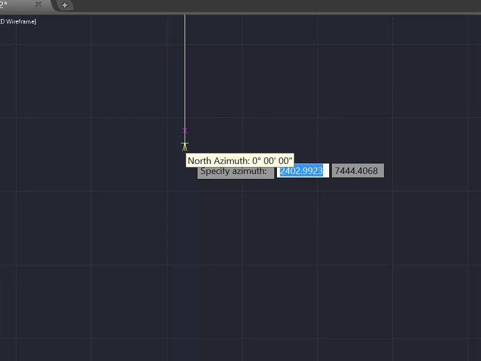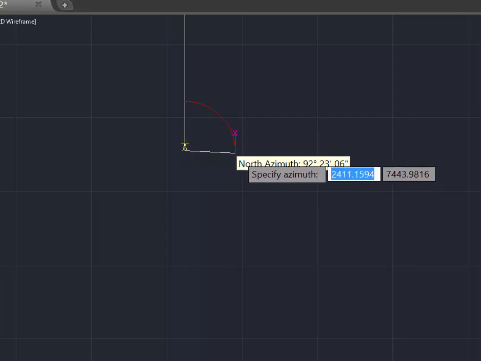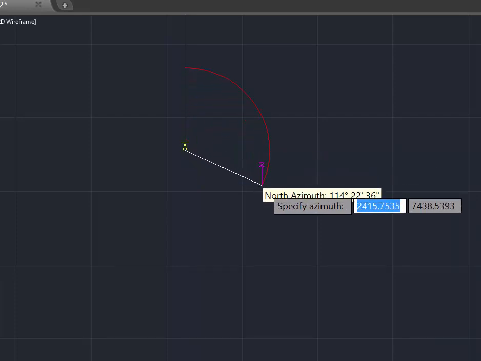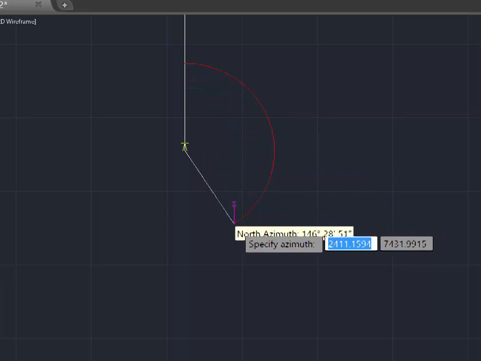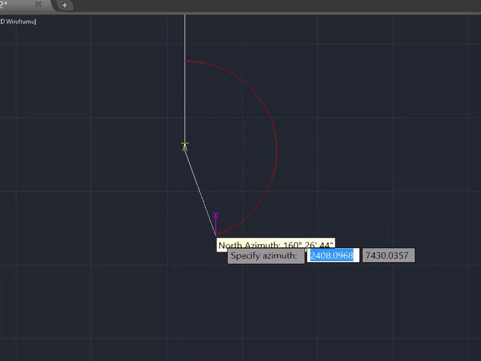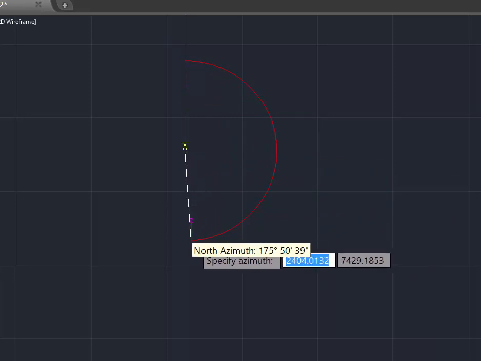It's showing a little symbol there for a transit, a total station, an instrument on a tripod, and then the pink is a prism or a rod. Everything is referenced from the north meridian. This would be a north azimuth. And you can see I'm coming down here right about to parallel, and I'm getting very close to 180.